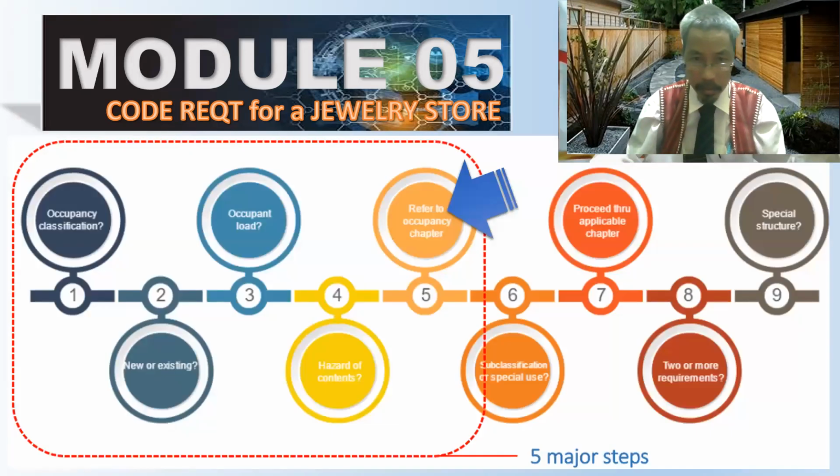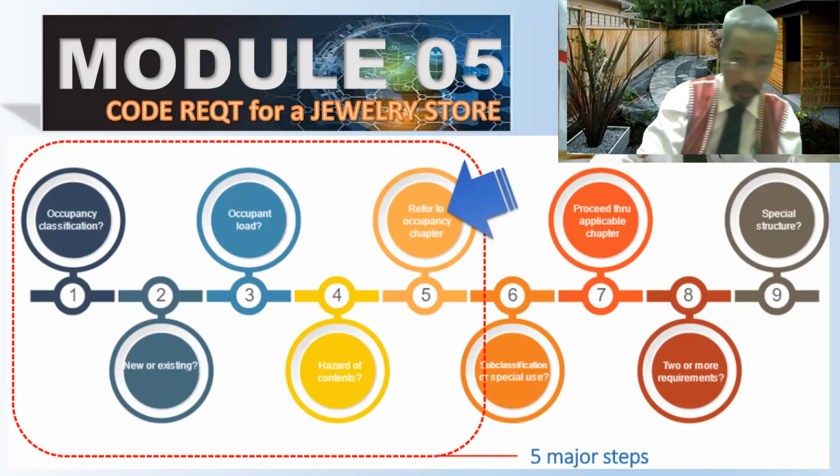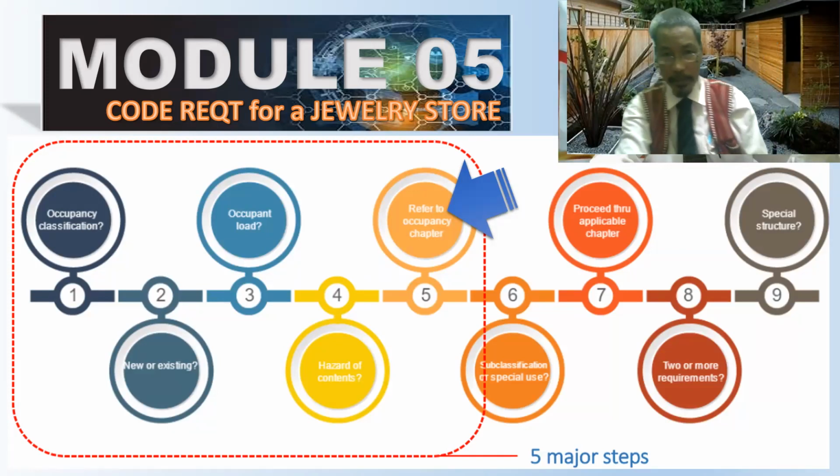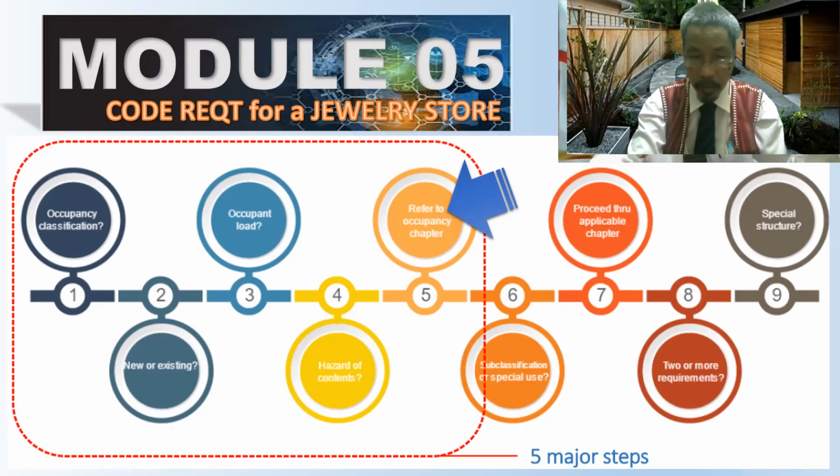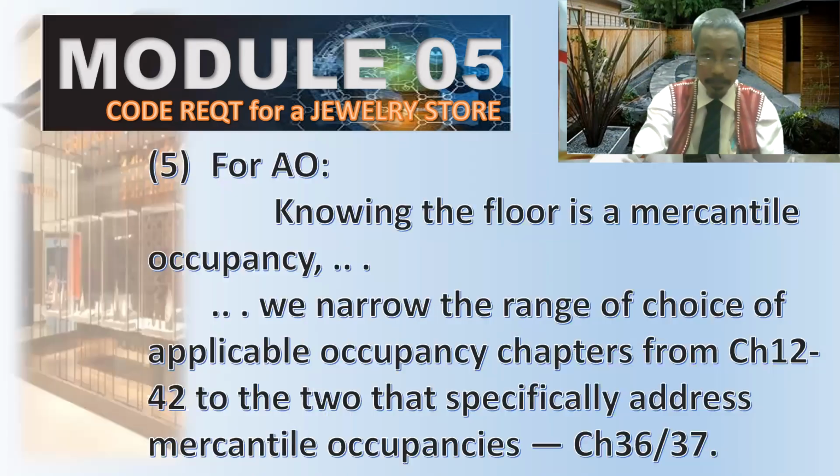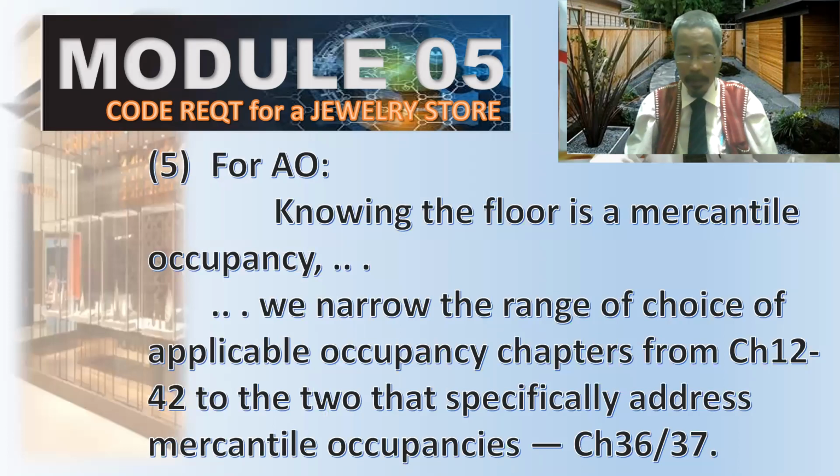Therefore, let us go to step 5. Let us now look for the occupancy chapter. For applicable occupancy, knowing the floor is mercantile occupancy, we narrow the range of choice of applicable occupancy chapters from chapter 12 to 42, to those that specifically address mercantile occupancy.